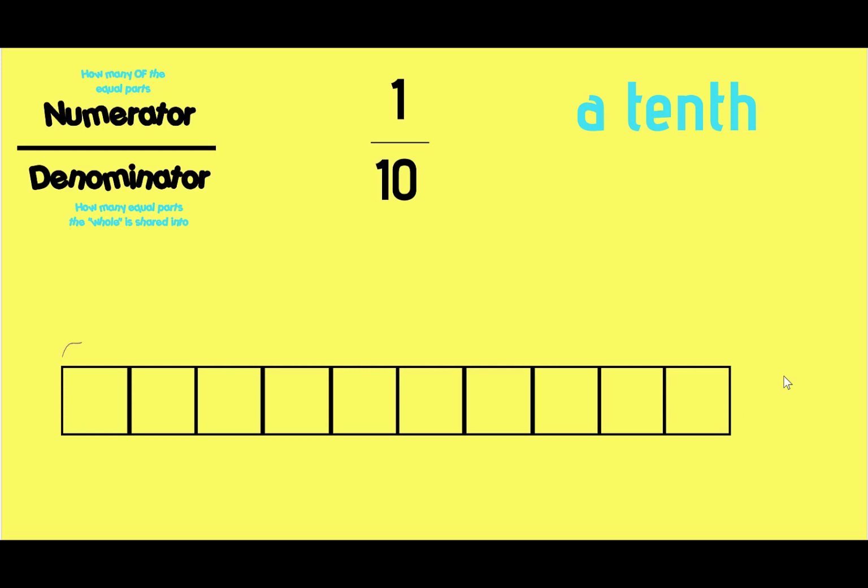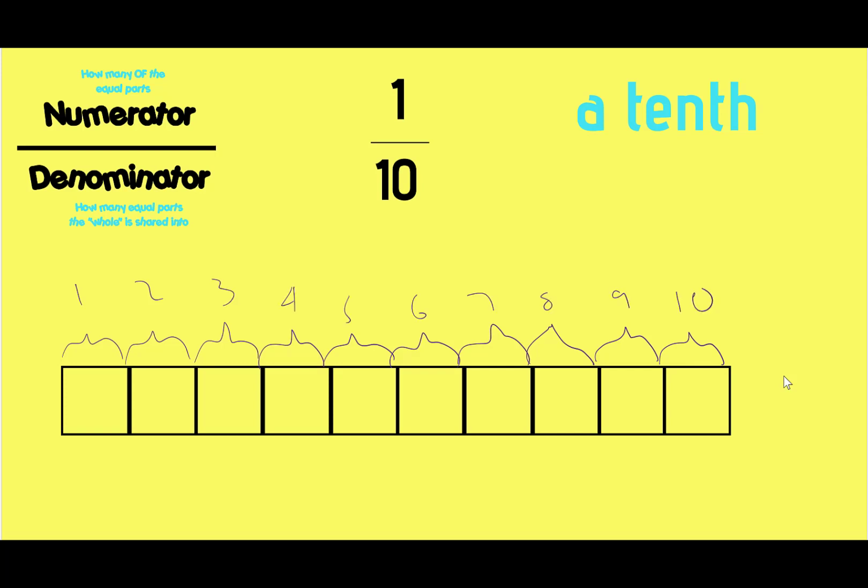So actually, each one square, there's going to be 1 in each group. Each one is a group. 1, 2, 3, 4, 5, 6, 7, 8, 9, 10. I just want one of those groups. Just going to shade in one of my 10 groups. Nice and easy.